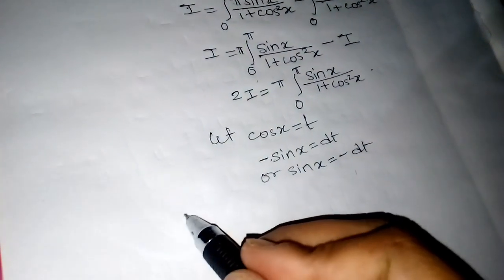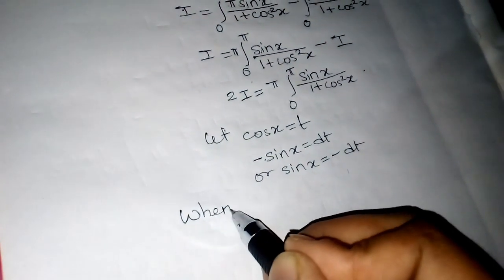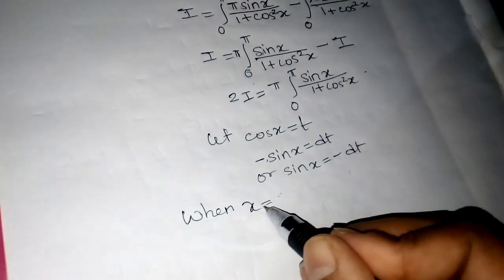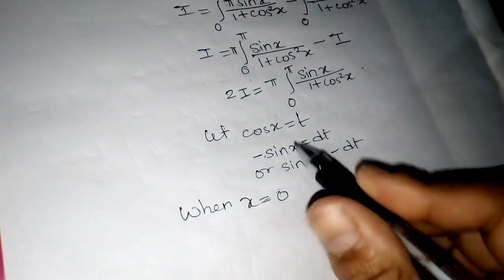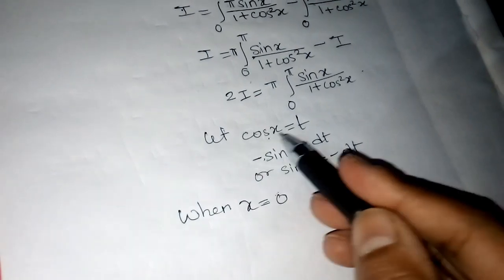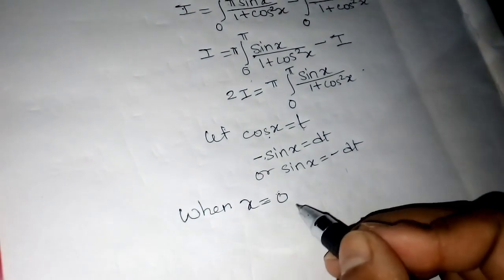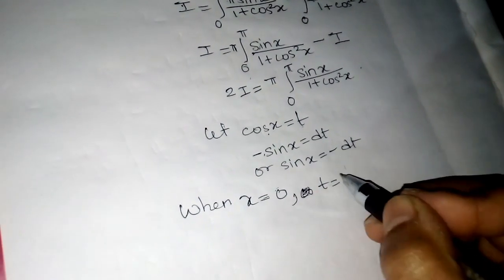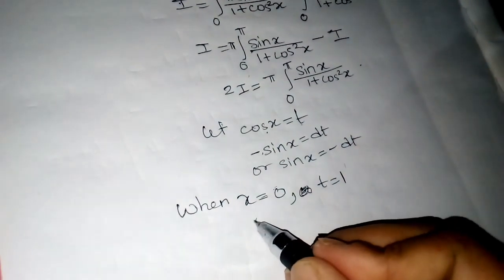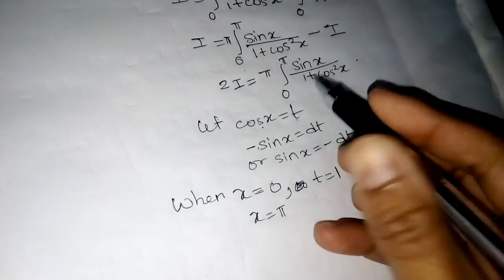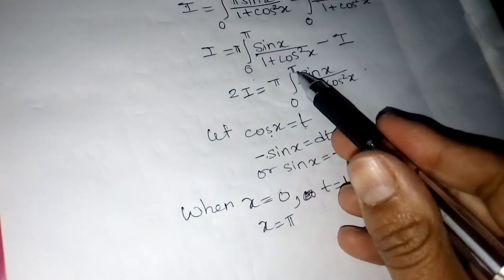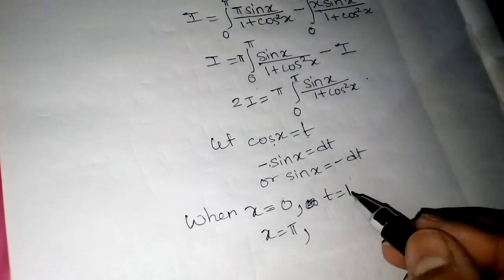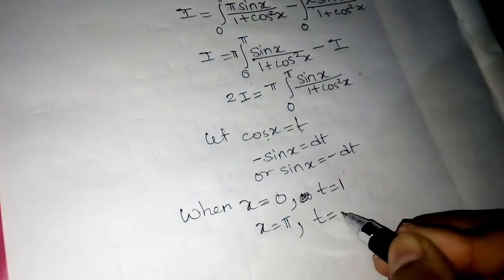Now for the limits: when x is 0, t becomes cos of 0, which is 1. And when x is pi, cos of pi, that is cos of 180 degrees, is minus 1, so t becomes minus 1.